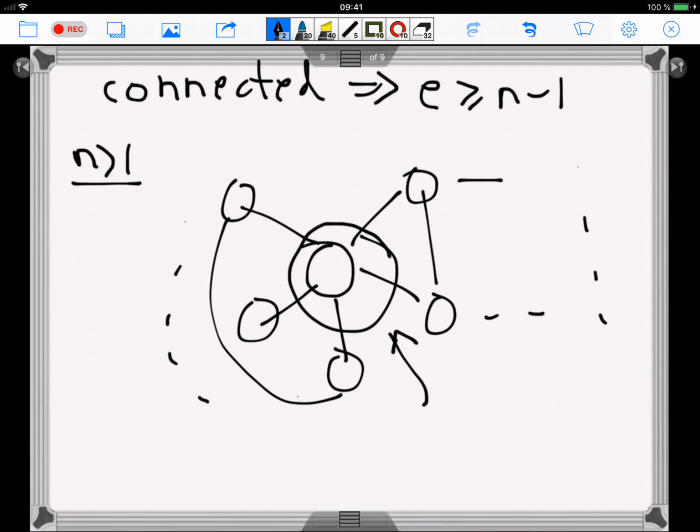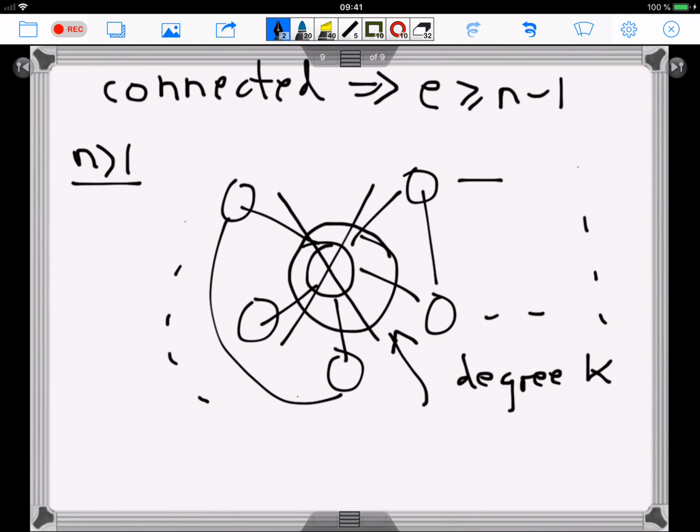Let's say that it has degree equal to a number k. Okay, k must be at least 1, because the graph is connected, so this vertex has to have at least one edge for it to be connected with the rest. Okay, and then I'm going to remove this vertex. Okay, and what is going to happen?